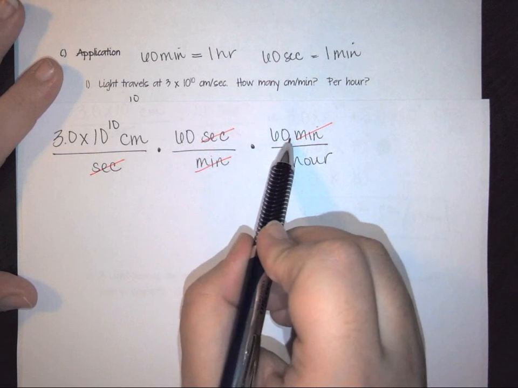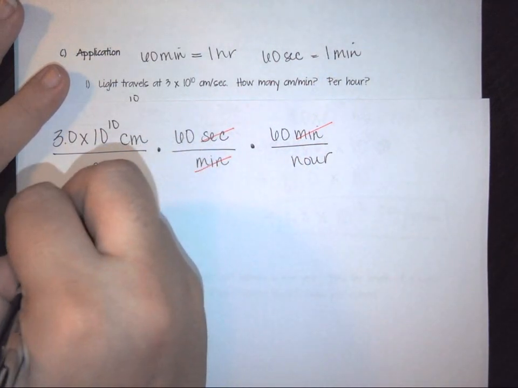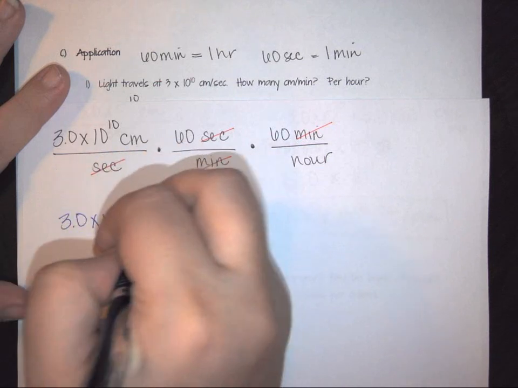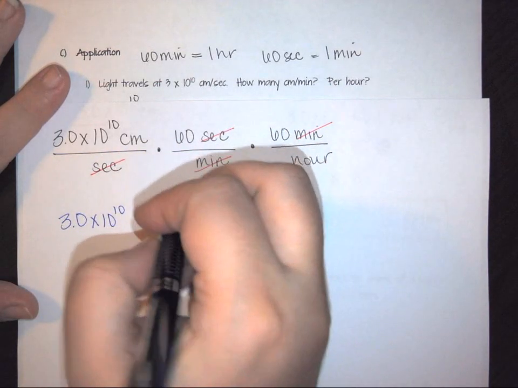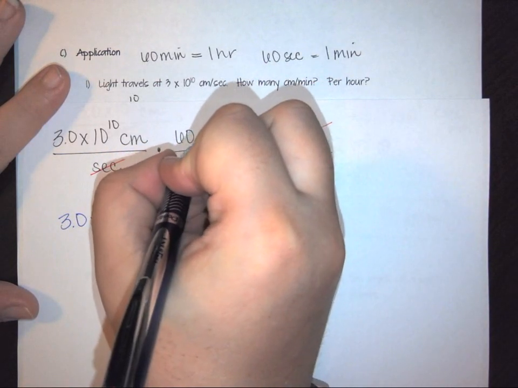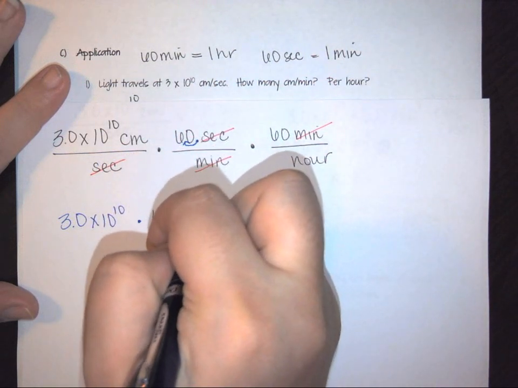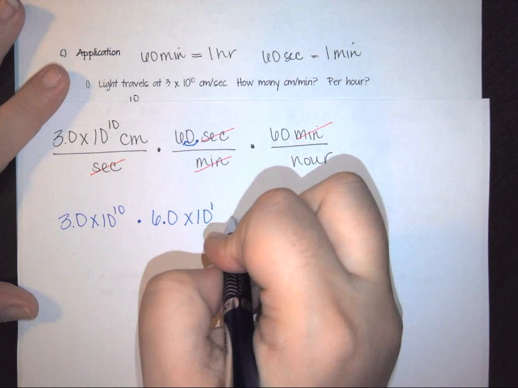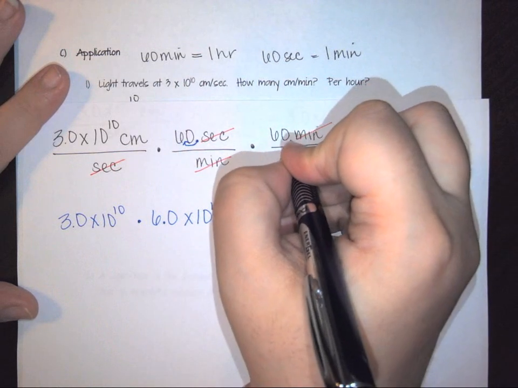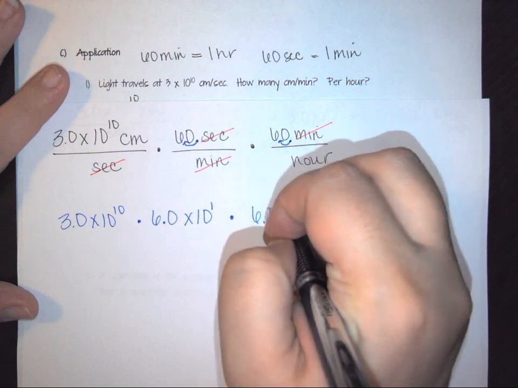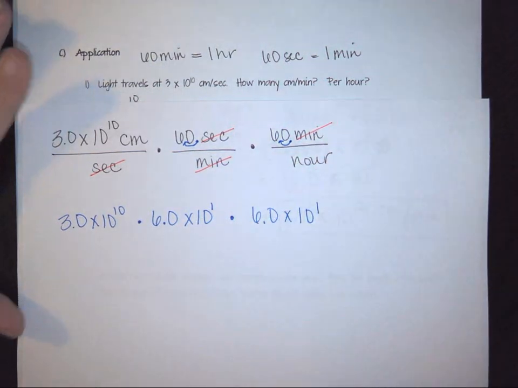Now both of these again have to change, so we're looking at 3.0 times 10 to the 10th times, we got to take my decimal and move it, 6.0 times 10 to the first, times, got to do the same thing, 6.0 times 10 to the first.